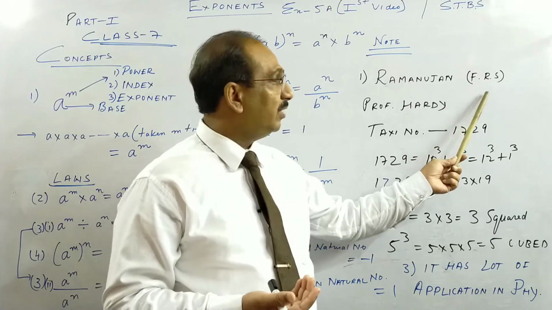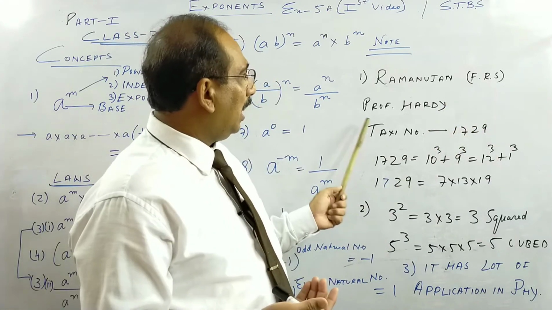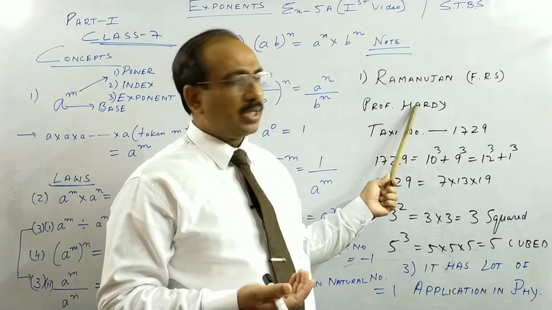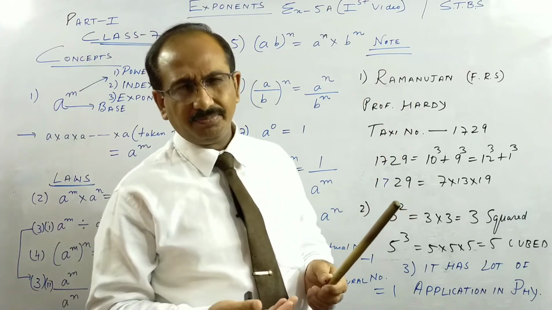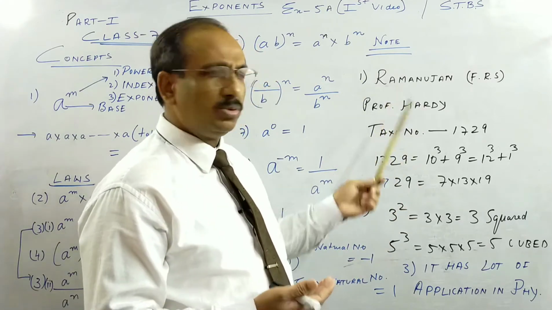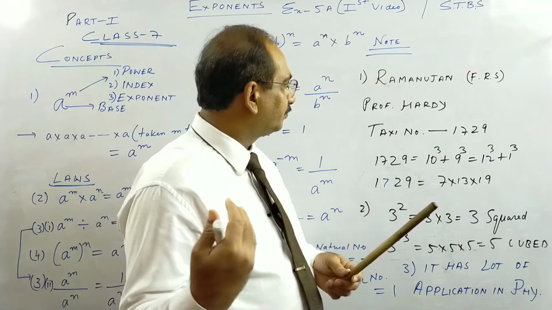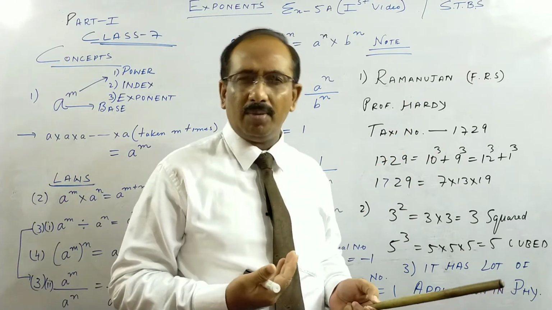And he was called by Professor Hardy. Okay, so he was called there. When Ramanujan was very sick, Professor Hardy took a taxi or a cab and went to see the sick Ramanujan.